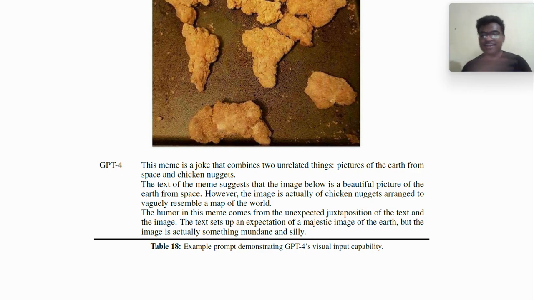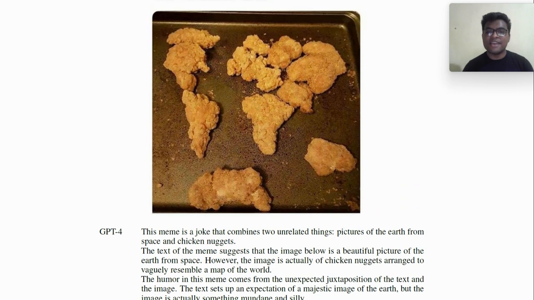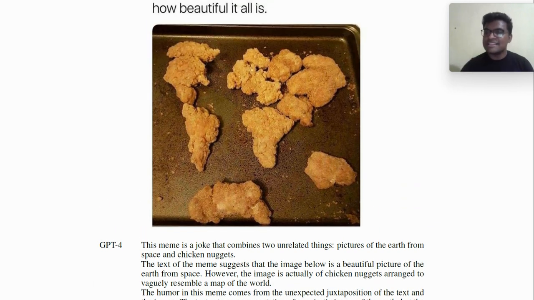So I don't want you to read the last line. Why? Because from this perspective, GPT-4 can understand even though the image is not sufficiently clear. If I just give this image to people, they will only see the image.